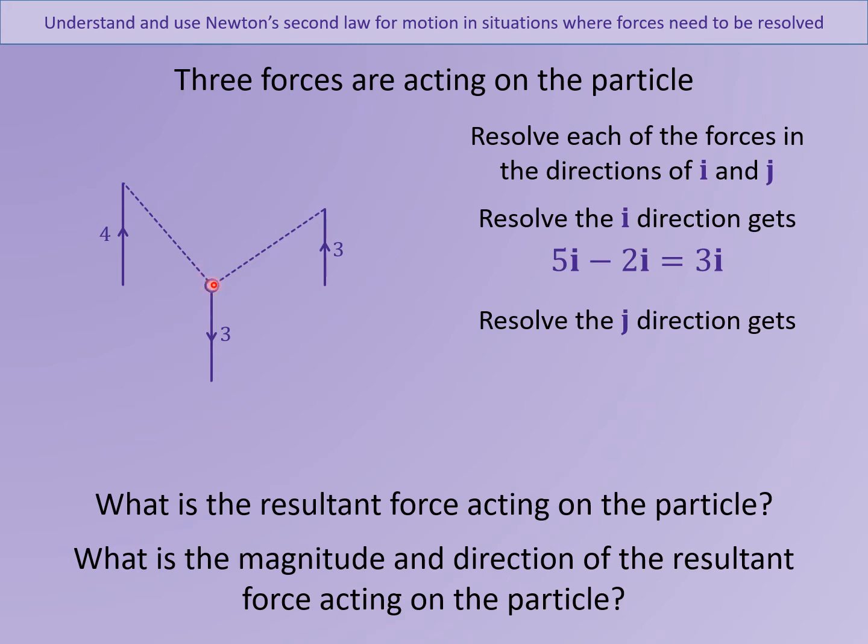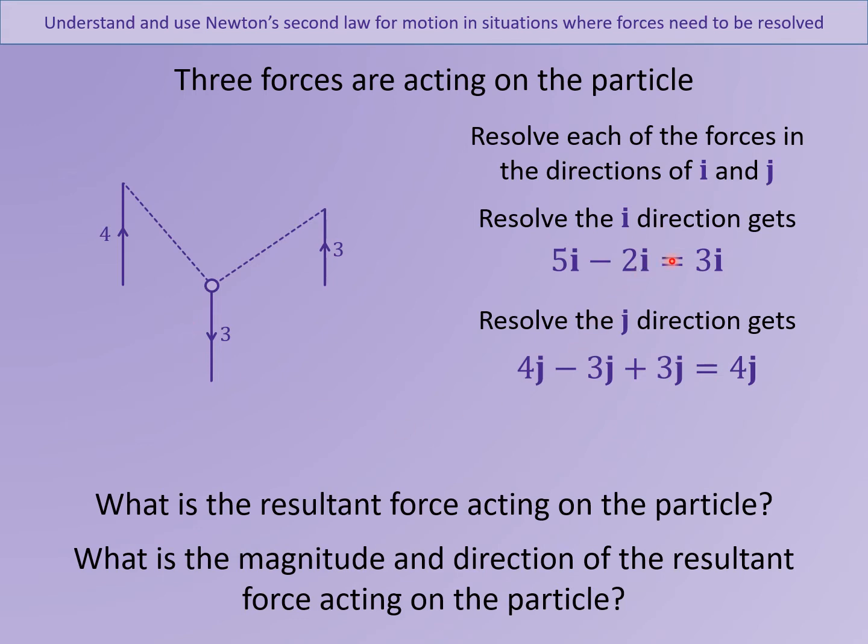So if you imagine that you were on there, because you've got a total of 7 pulling up and only 3 pulling down, you're going to end up going in an upwards direction with a force of 4 newtons. So we've got the 4, minus the 3 pulling down, plus the other 3 pulling up, equals a force of 4 pulling upwards in the end.